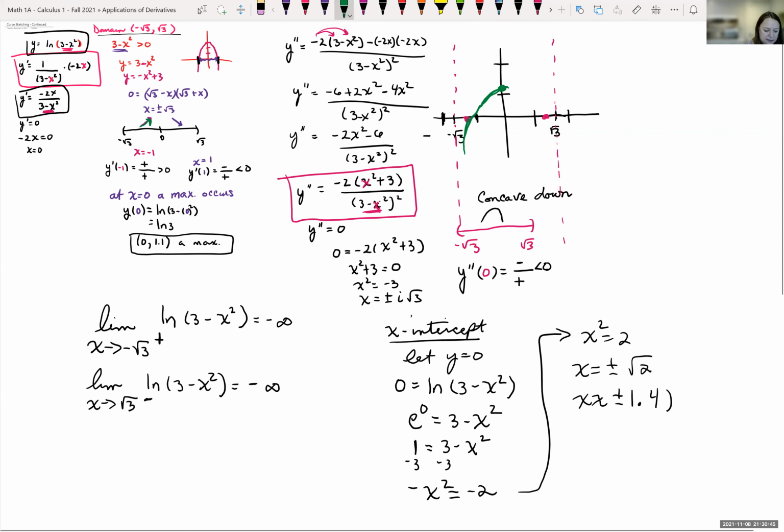And that was our max. So basically it looks like a parabola shape in here. Okay, so putting all that together, we were able to craft that. These can get kind of time consuming, especially trying to explain.